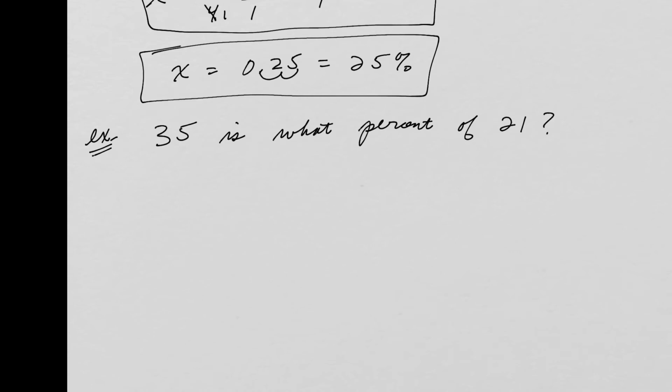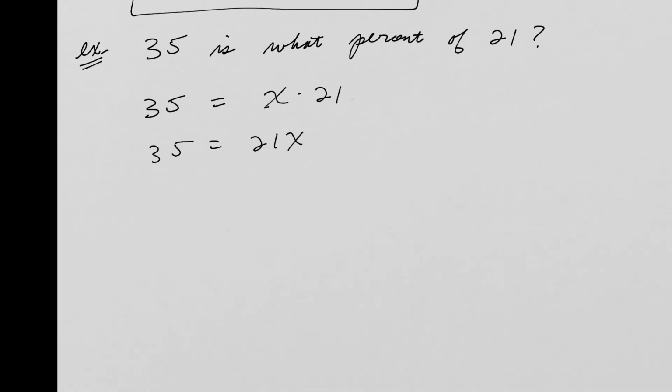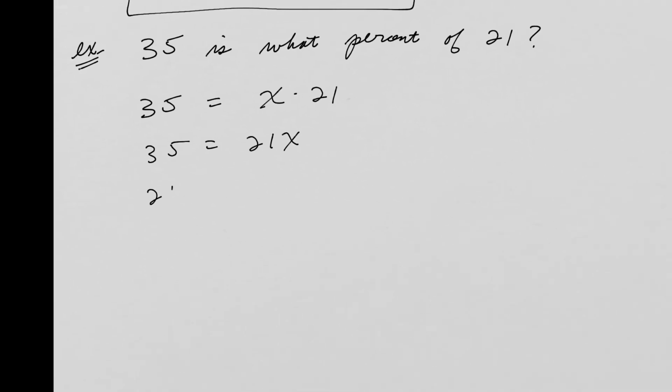Okay, so I'm going to translate. 35 equals what percent, I'm going to call that x, times 21. But then I'll write this as 35 is 21x. And then I'm going to put the variable on the left-hand side. 21x is equal to 35.